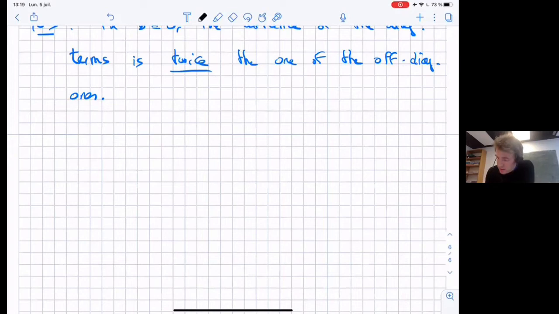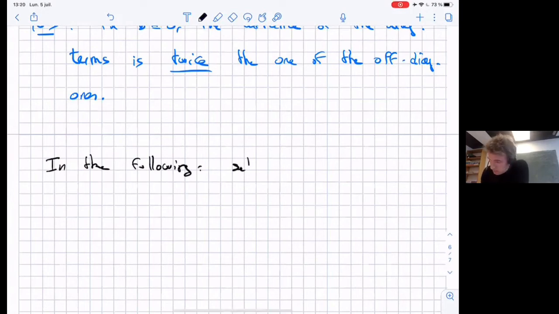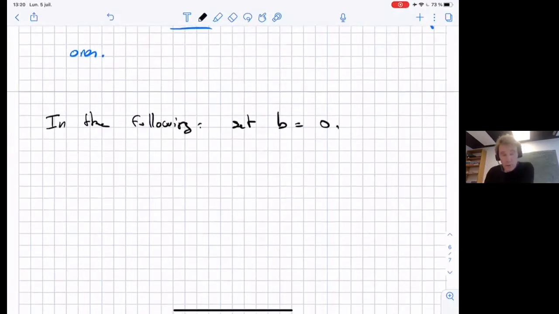So basically, today but also in the forthcoming days, I will set b equals 0, and we will focus on the Gaussian ensemble.